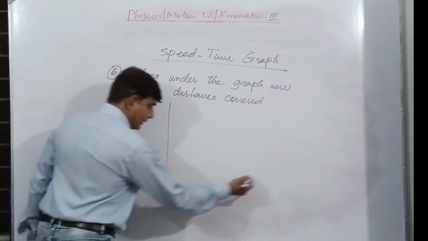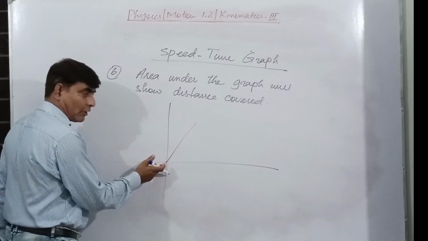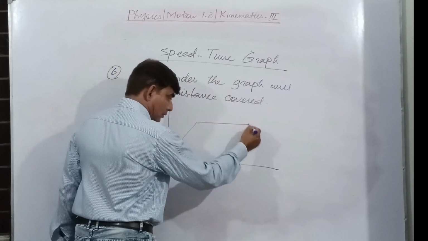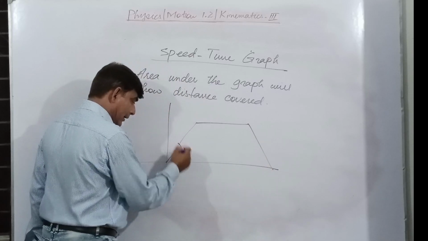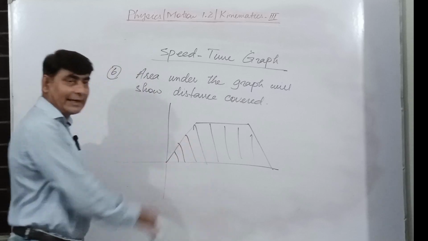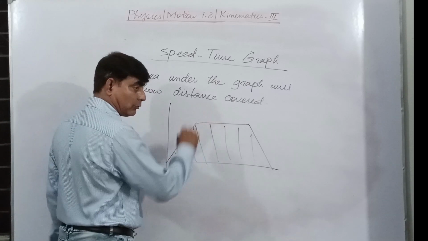Now listen, this is the journey of a vehicle like this. First it starts from rest, then moves with uniform speed, and then decelerates. This is the area under the graph, so this will show distance covered.